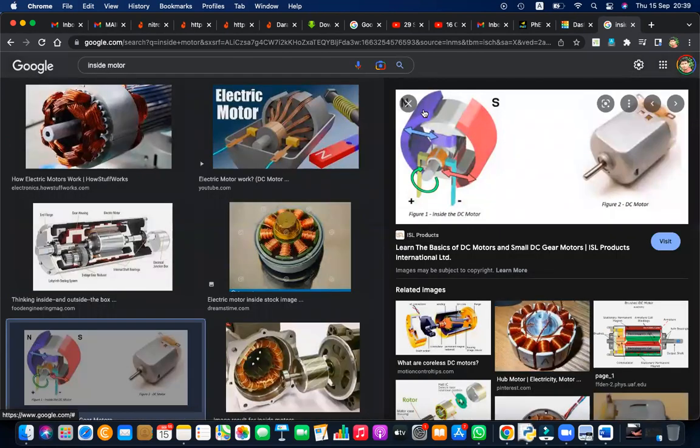Two permanent magnets and a coil. So how does this work? When you provide the power, this center coil will also create magnetism. Why? Because when power goes through a conductor, a magnetic field is created.